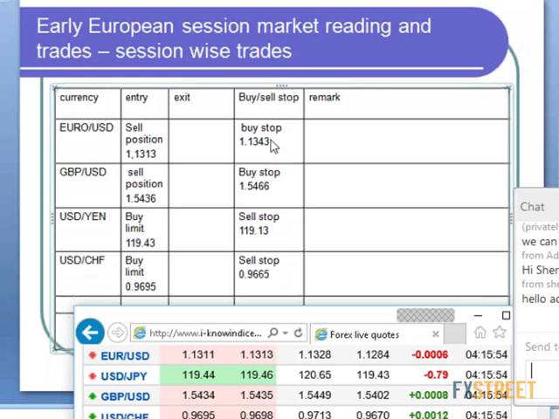Also, on some platforms, the broker dealer can easily identify where the stops are. They can just hit the stop or hit the hedge order before the market comes down, so that we really get stuck. And they want to earn money that way.